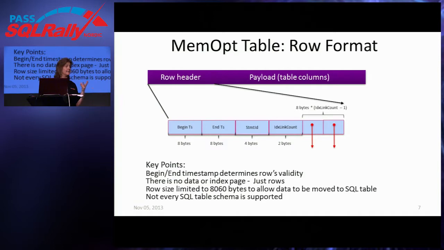So every row has a begin and an end time that other transactions, when they see this row, will know whether or not the row is valid. If another transaction starts after this one was deleted, after the end timestamp of this row has passed, it will know that this row is not available. That's how the multiple versions can be managed.